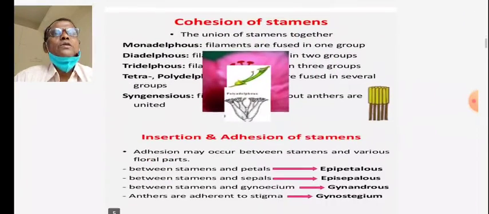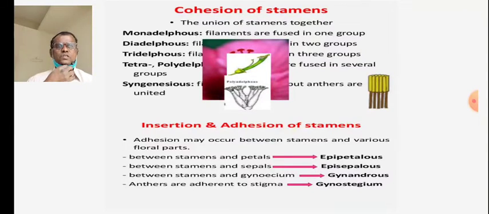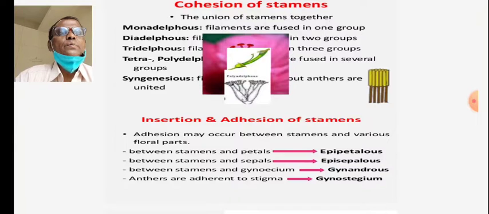Next, in cohesion, one part is the union of stamens together. You see the photograph: monoadelphous, a good photograph here. Then it shows the position of the diadelphous condition. Di means two, right? Then here you are observing triadelphous, meaning three groups.